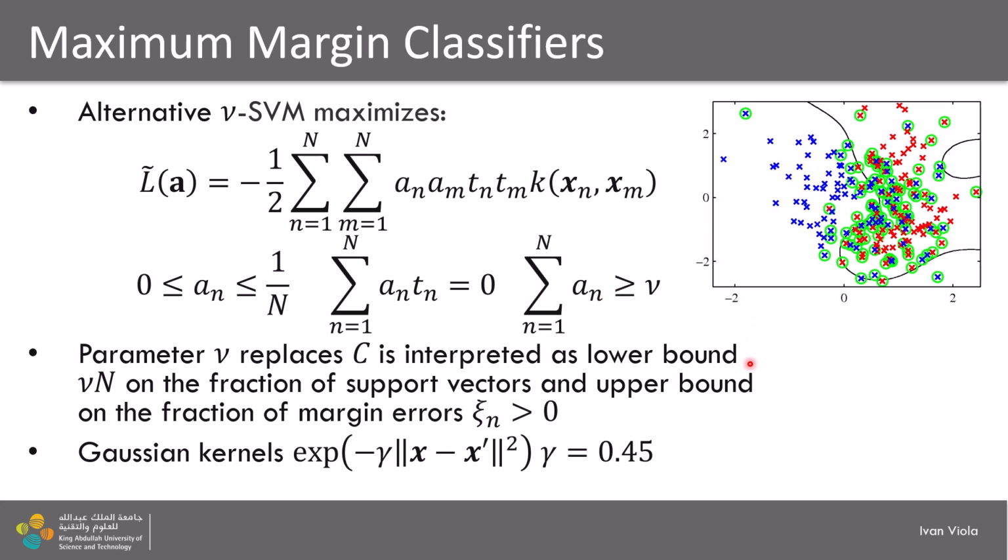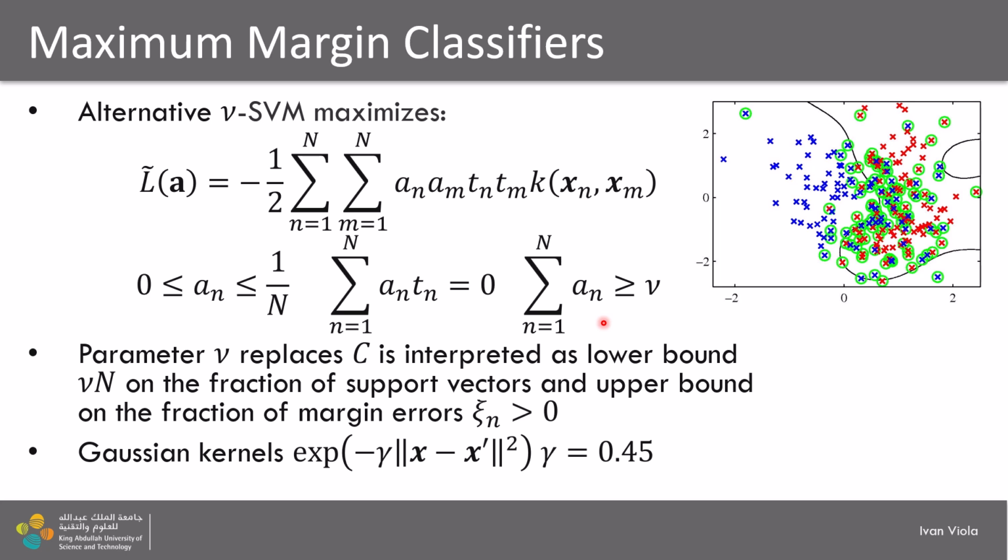That's why this is the lower bound on the support vectors. This characterizes the lower bound of support vectors, but there could be an even larger number of support vectors. At least nu times N support vectors will form our margin and decision boundary.